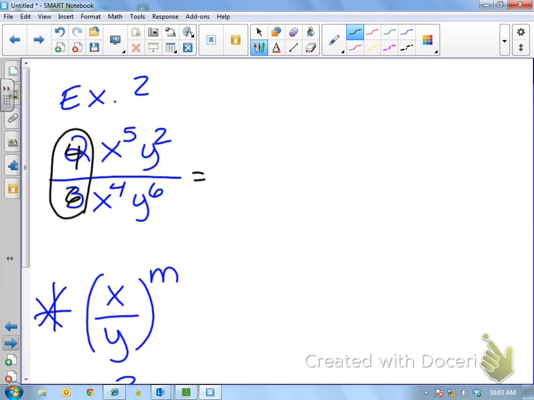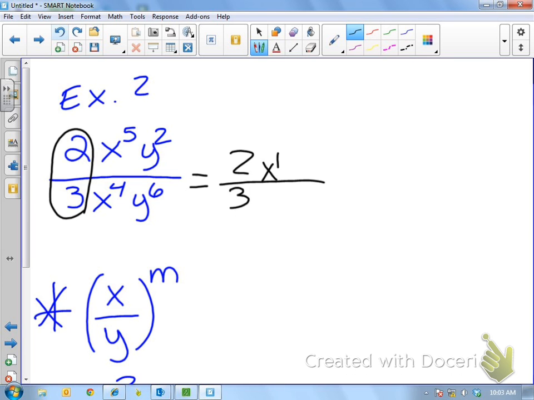So we have 2 over 3. Those we couldn't do anything with. So now we look at the x's. The x's can combine together because they have the same base. What should I do with the exponents? Subtract them. 5 minus 4 gives me 1. Then we do the y's.